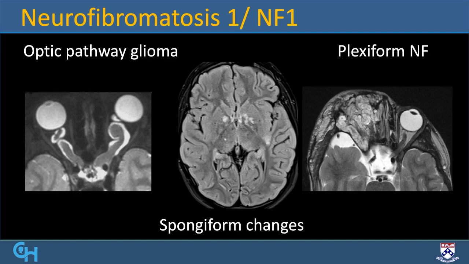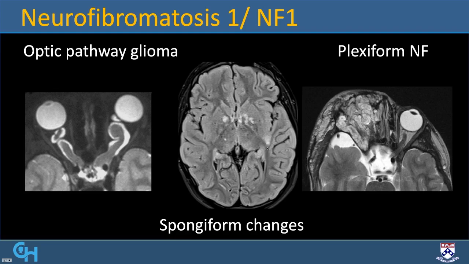Optic pathway gliomas, which are actually pilocytic astrocytomas, can involve the optic pathway, the orbital components, as well as the intracranial components of the optic nerves, the chiasm, and can further go on to involve the optic pathway and the radiations. The optic pathway gliomas in NF1 may or may not show enhancement.